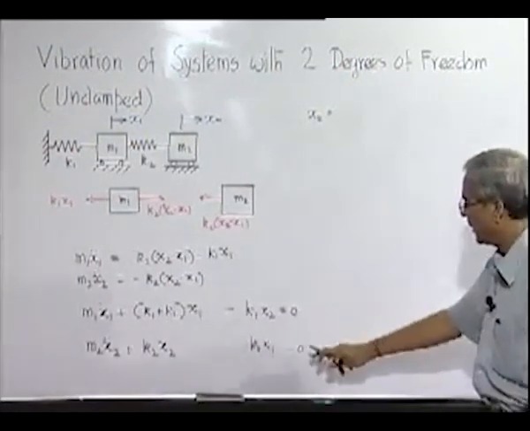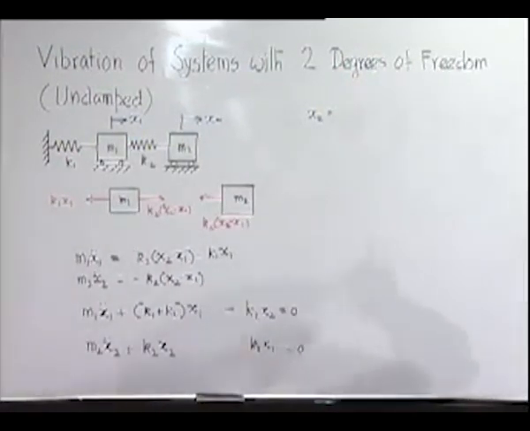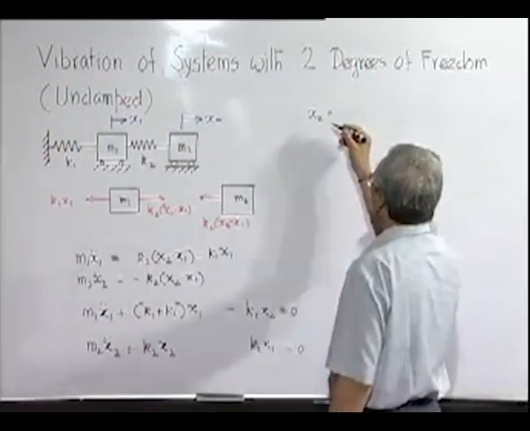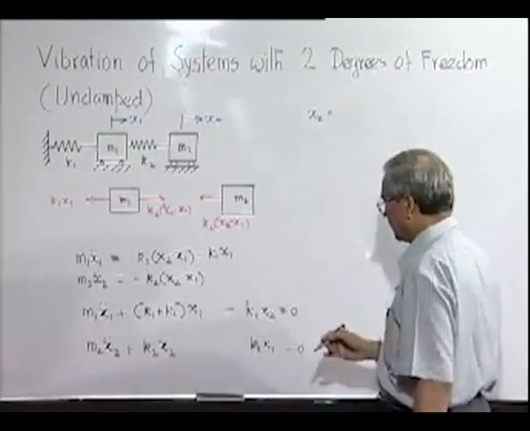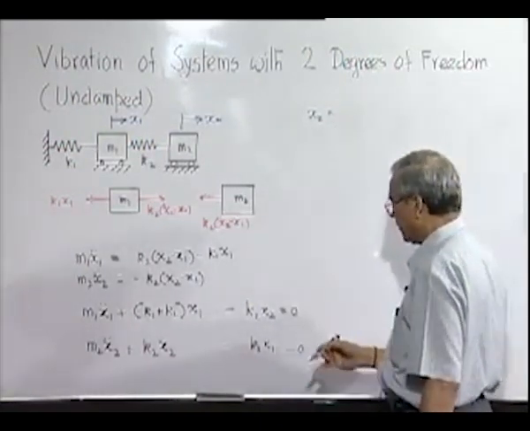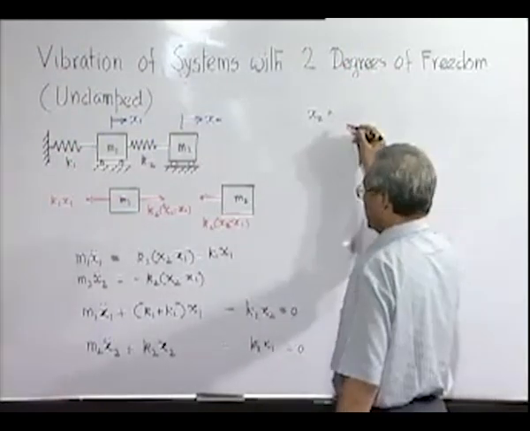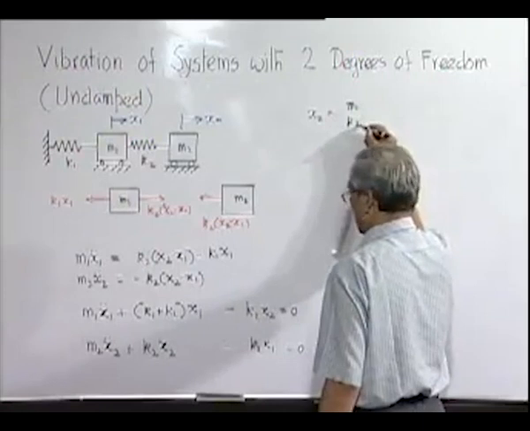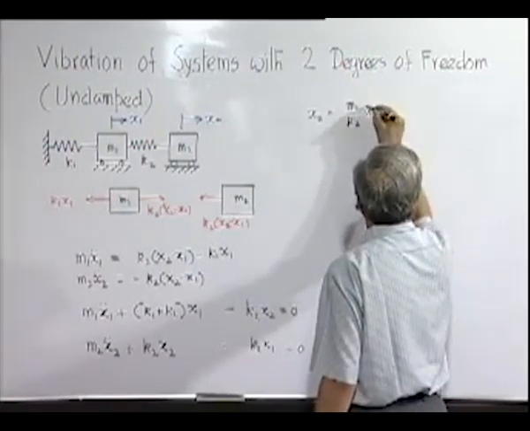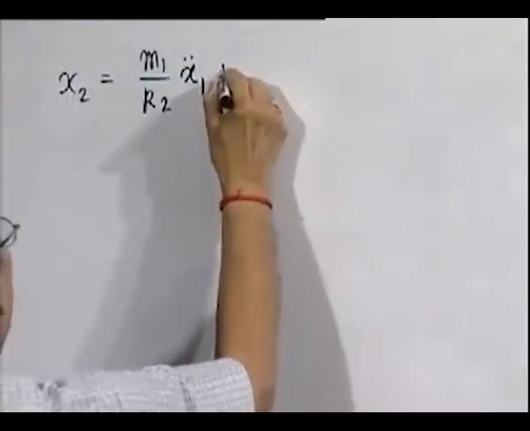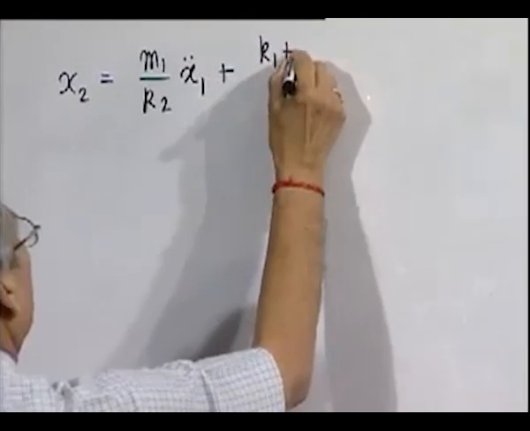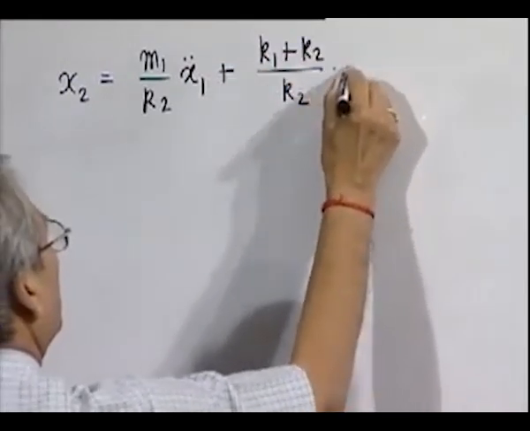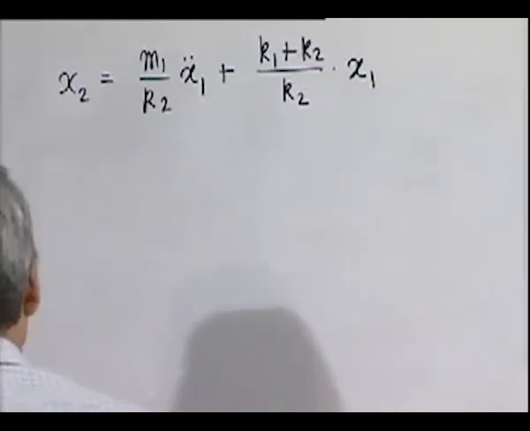Now from this we can see we can express x2 in terms of x1 and x1 double dot. So let us write x2 in terms of x1, because this is a case of simultaneous differential equations with two unknowns or two variables, and let us put it in a solvable manner by eliminating one.